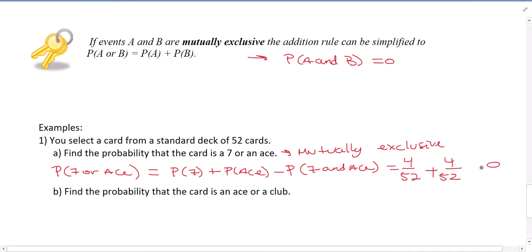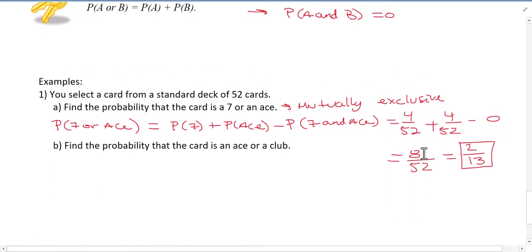They cannot occur at the same time, so there's nothing to subtract. So I just get 8 out of 52, and you should probably reduce that. I can divide both by 4, giving me 2 out of 13. So this will be the reduced probability.